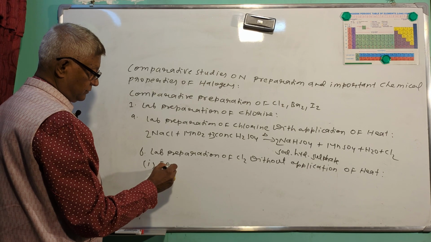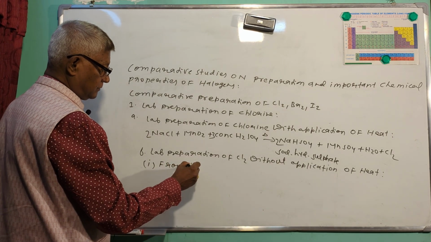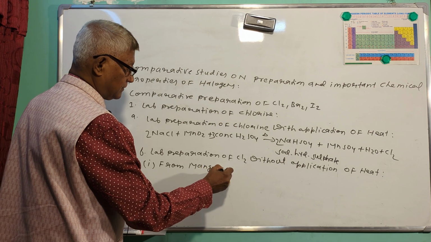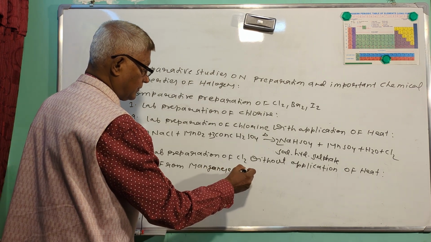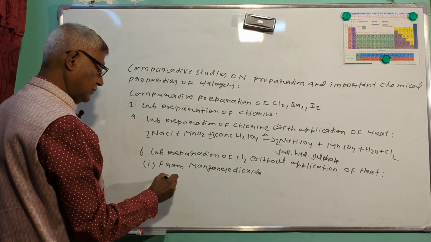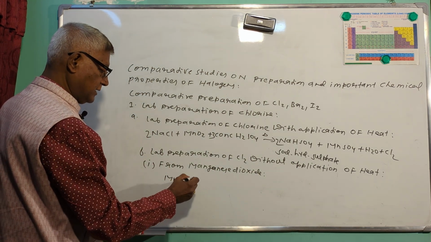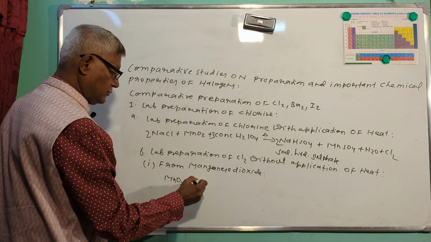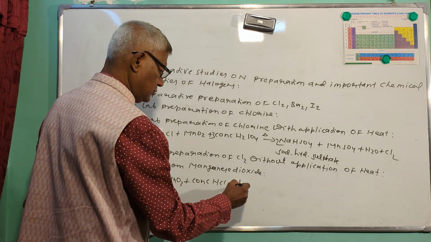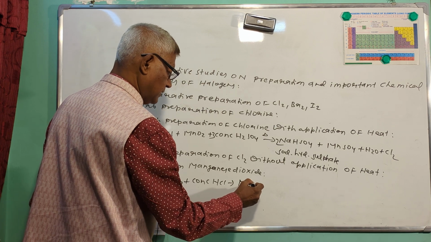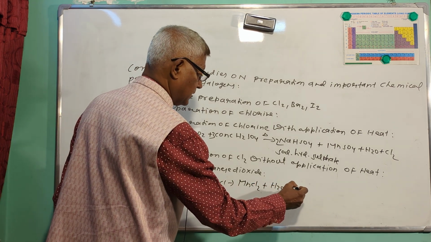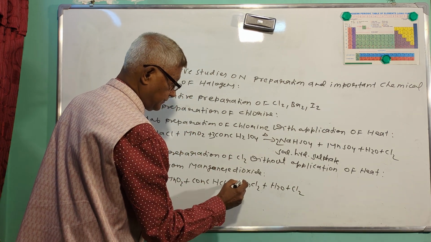So from manganese dioxide. So what we see, when manganese dioxide is reacted with conc. hydrochloric acid, so what to get? Manganese chloride, H2O plus Cl2.